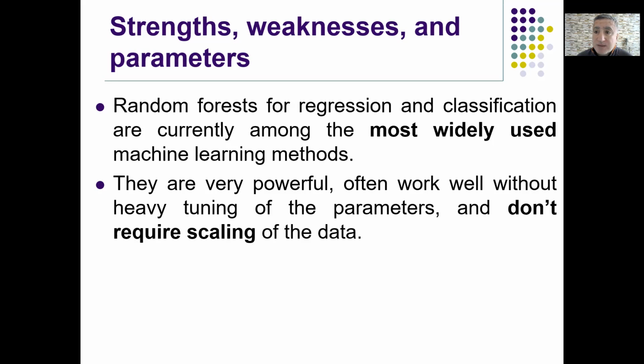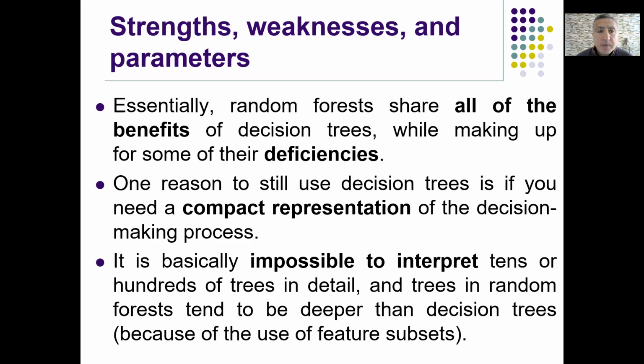And the best part of it is that they don't require scaling. So remember that decision tree does not require scaling, but linear algorithms require scaling of the features. And more essentially, random forests share all of the benefits of decision trees while making up some of their deficiencies.